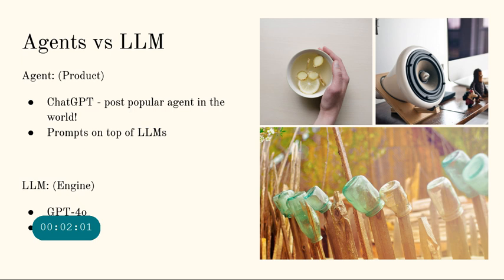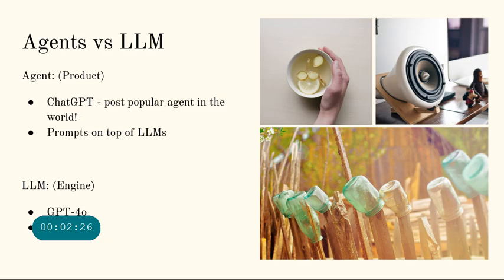So what are the LLMs that you can use with ChatGPT? Typically you will be using GPT-4o, maybe 5. Older versions use GPT 3.5, right? So LLMs you can think about as the engine, and just by having the engine, it's not useful to everyday users like me and you, right?